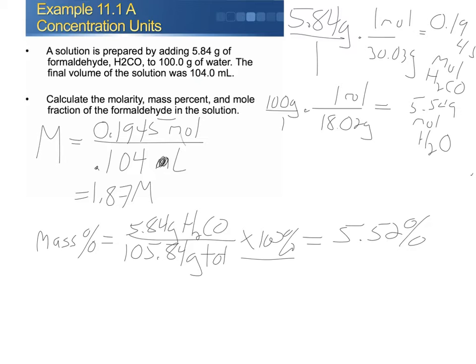And the last one is mole fraction, which we just got done doing with gases, but we can do it with solutions as well. Mole fraction. So the chi, if you remember that, H2CO. We have 0.1945 moles of formaldehyde.